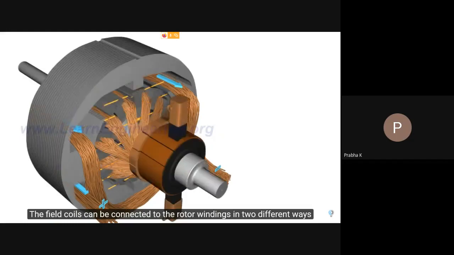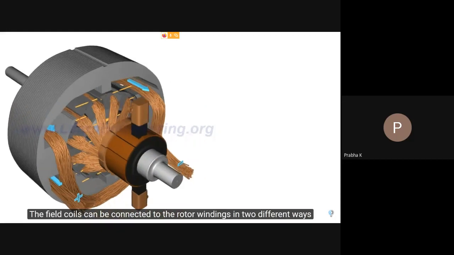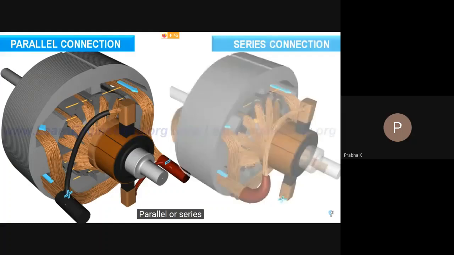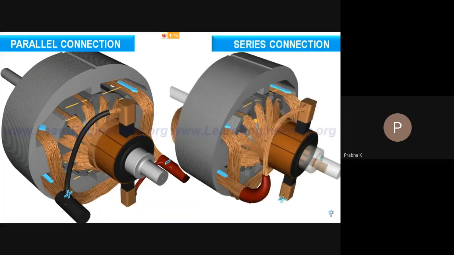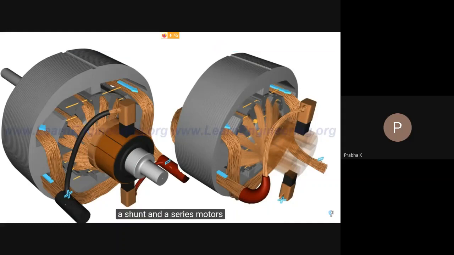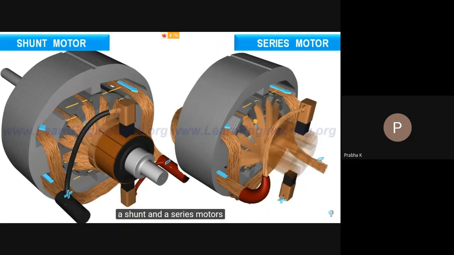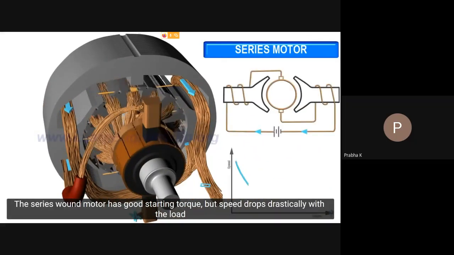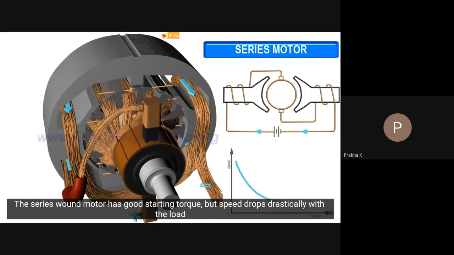The field coils can be connected to the rotor windings in two different ways: parallel or series. The result is two different kinds of DC motor constructions: a shunt and a series motor. The series wound motor has good starting torque, but its speed drops drastically with the load.